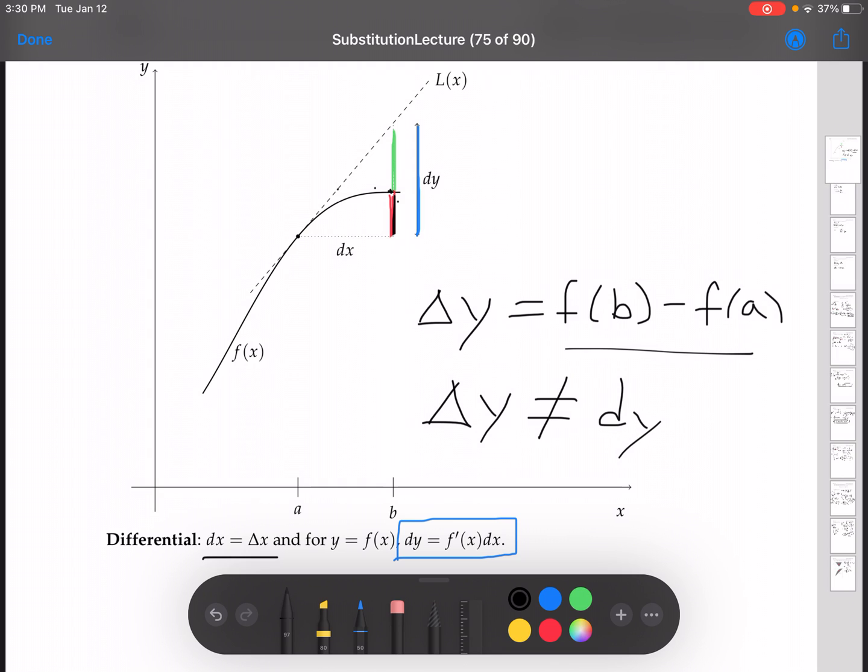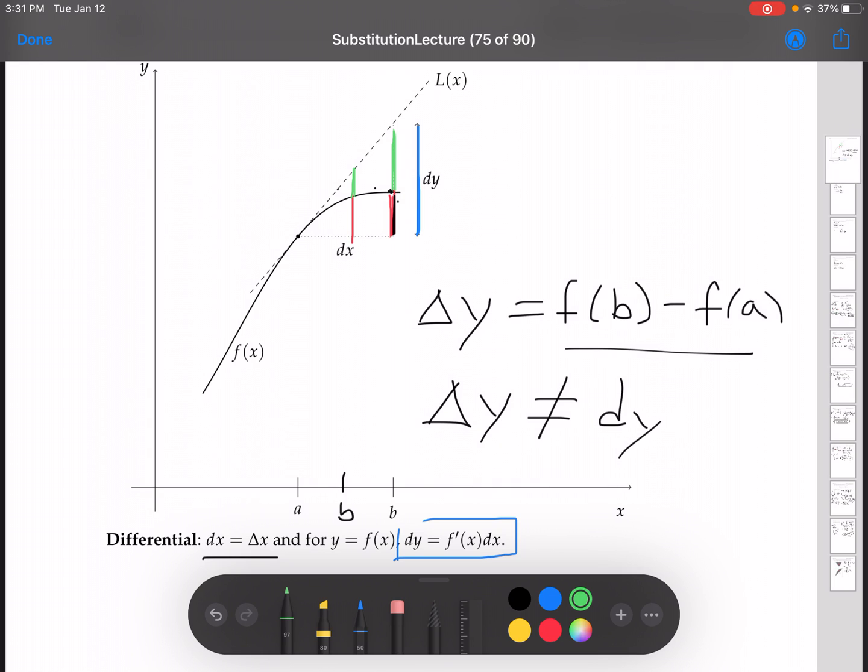Now think about what happens when we pull b back and make b really close to a. What happens to this little green thing? As we pull b back, let's say we put b here. Then my change in y is that, and my error, how far off dy, my differential for y, is, gets smaller.